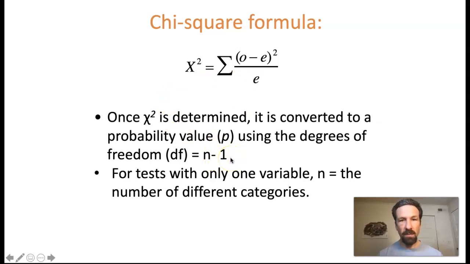For a simple chi-squared test, specifically a chi-squared test with only one category of variables, the degrees of freedom equals the number of categories minus 1. You will learn at some point about more complex chi-squared tables where the calculation of the degrees of freedom is a little bit more complicated. But in these simple examples, it will be n minus 1.